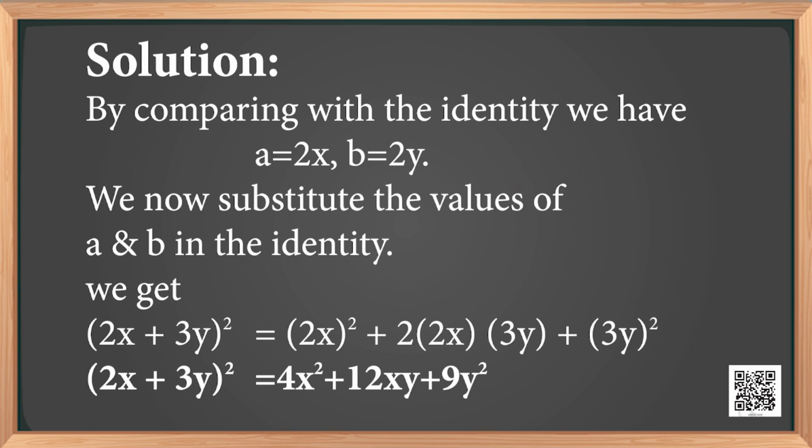We now substitute the values of a and b in the identity. We get (2x + 3y) whole square is equal to (2x) whole square plus 2 into 2x into 3y plus (3y) whole square, that is equal to 4x square plus 12xy plus 9y square.